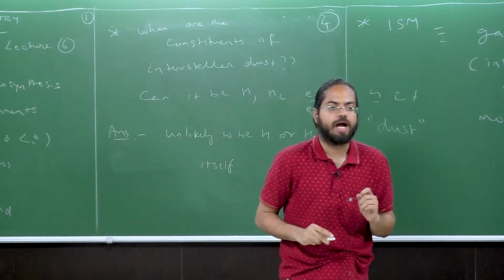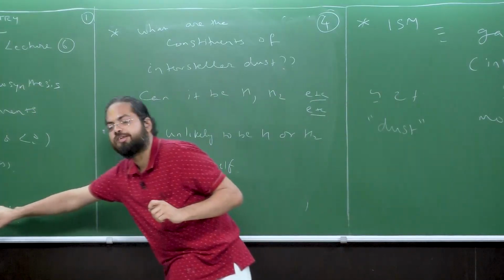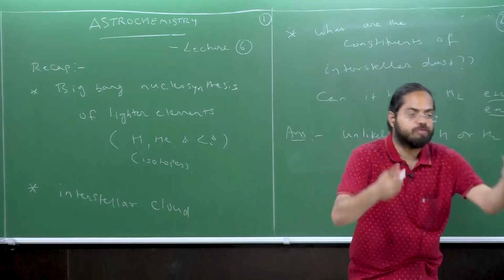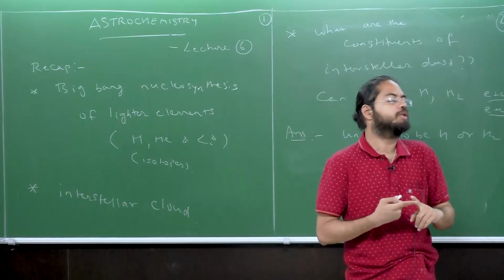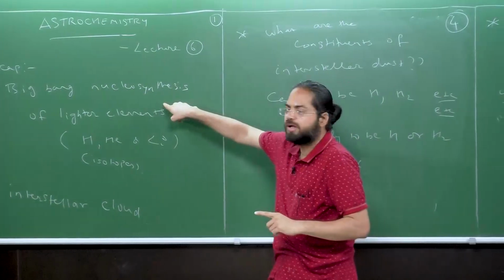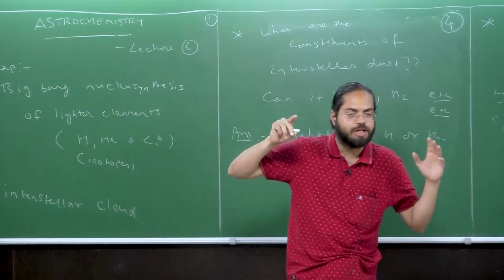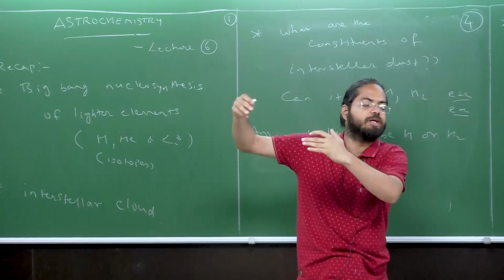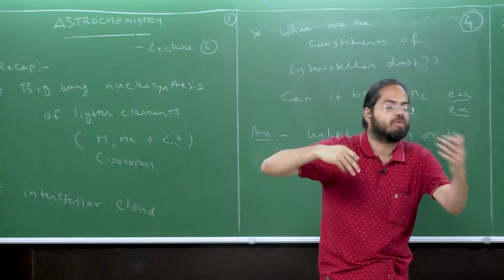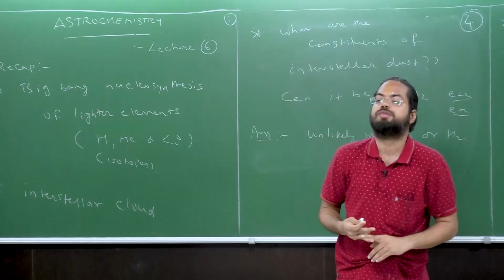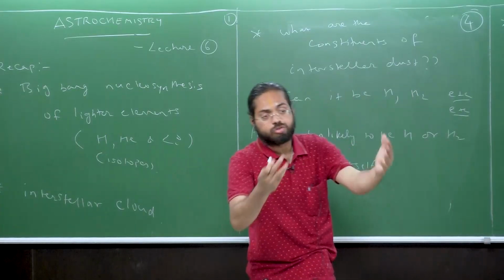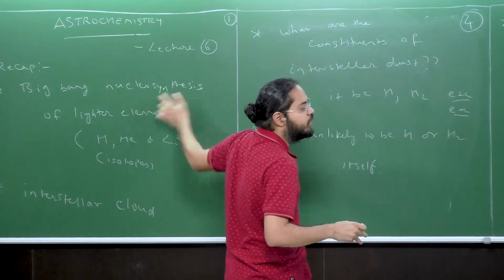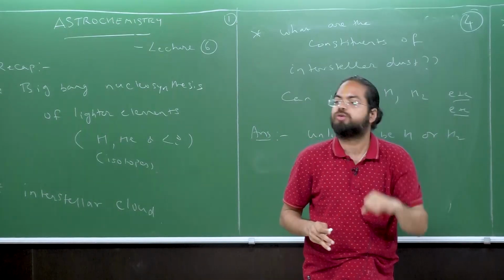Well, we also know that as part of the interstellar clouds, there are some molecules which could also be formed, correct? We saw the formation of the lighter elements, and even though we did not discuss how the other elements, such as beryllium, boron, carbon, etc., were formed in the interstellar medium, they could also be formed eventually by some nucleosynthesis process, even though it need not be exactly Big Bang nucleosynthesis itself.